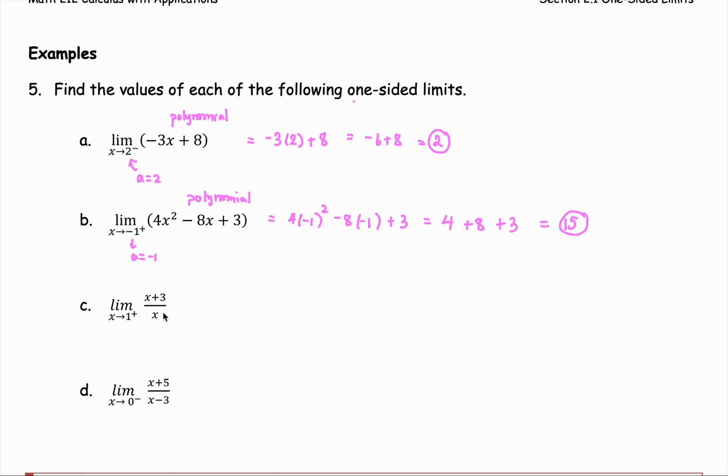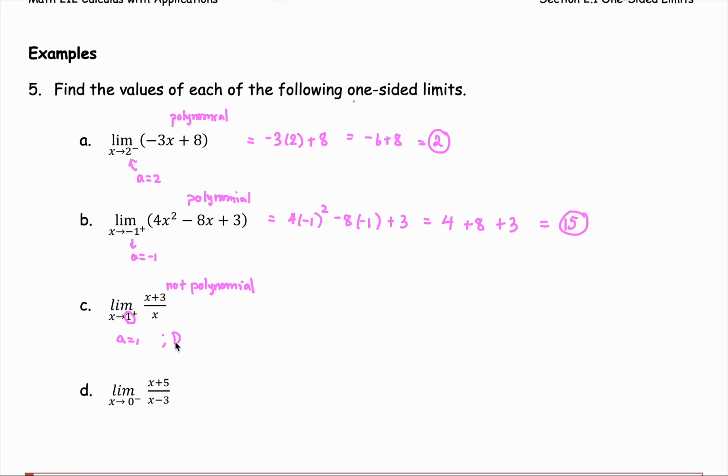In part C, the function that we have is not a polynomial function. Why not? Because it's not in the form of x to the power of an integer and so forth; it's divided by x. So it's not a polynomial. Make a note here: if it is not a polynomial, we consider whether the a that we have here, a equals 1, is in the domain of this function.